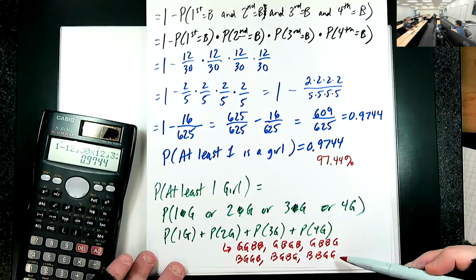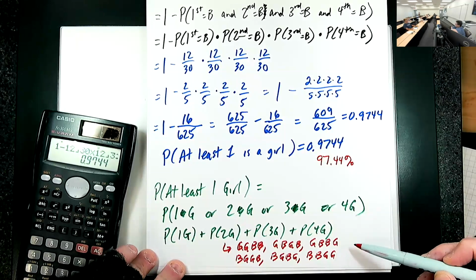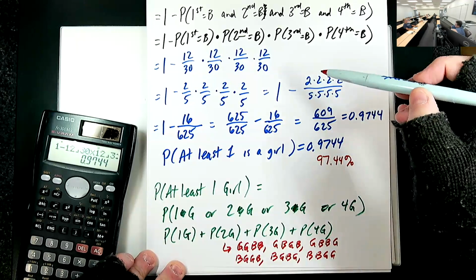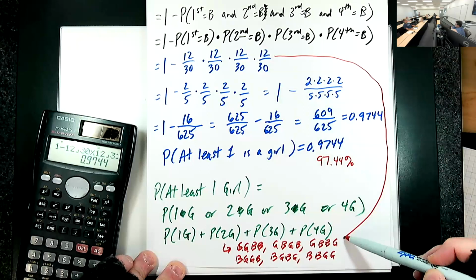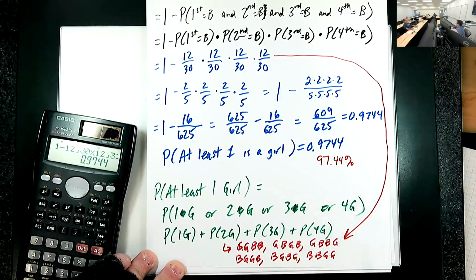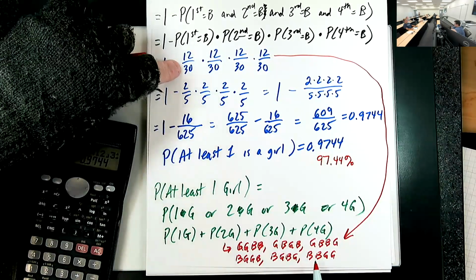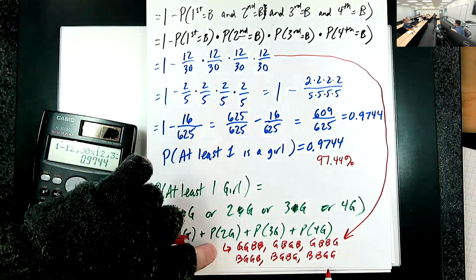And for each one of these little things between commas, we would have had to multiply 4 fractions. That's just for the 2 girls. We would have had to do this 6 times just for 2 girls.